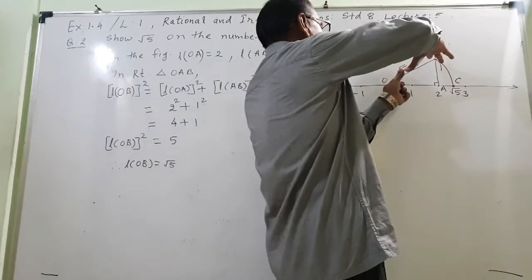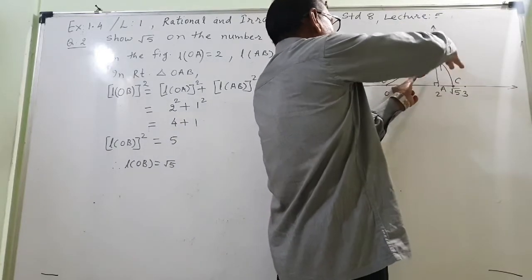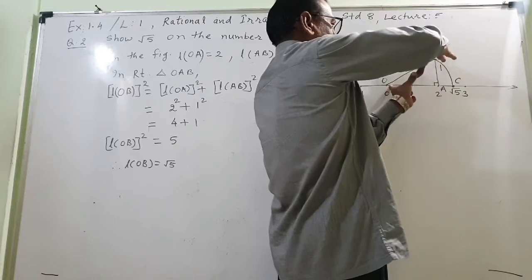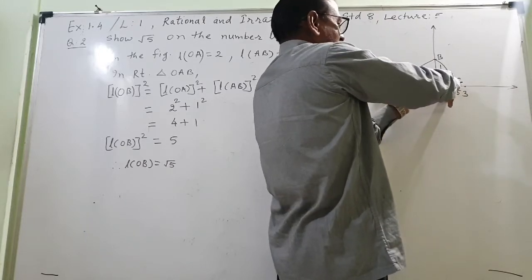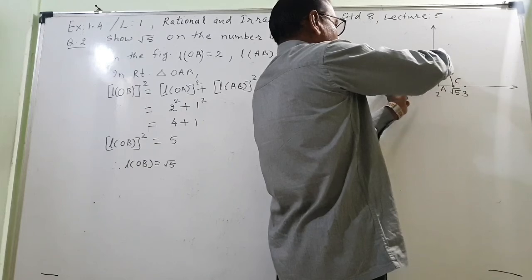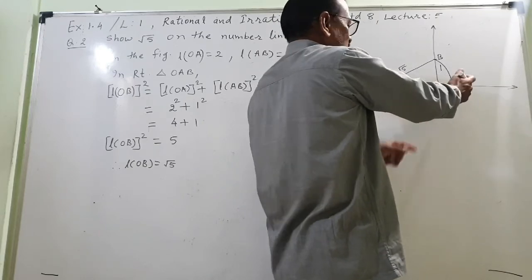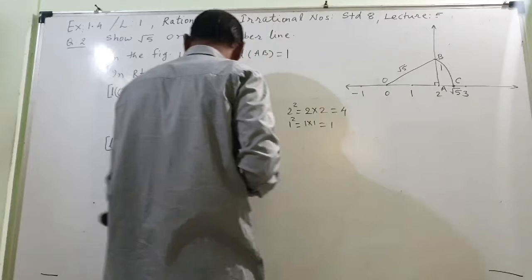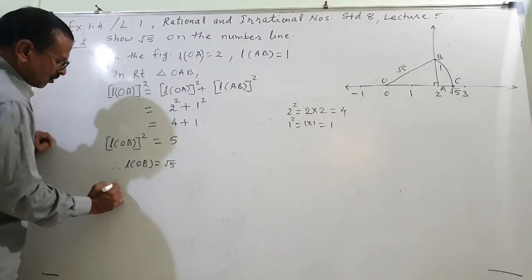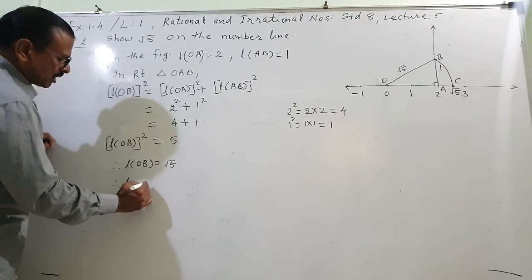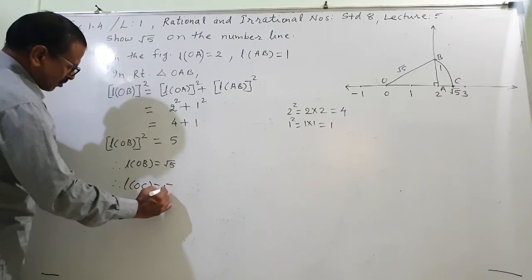Now this is the arc. This is the radius of a circle. This way if I put the arc, this distance and this distance will be same. So OB is equal to root 5 and this OC will also be root 5. Therefore, length OC is also root 5.